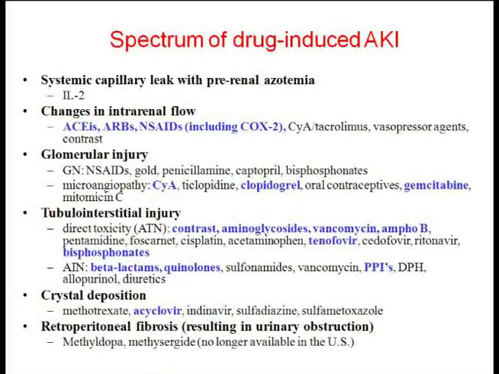Now, I want to show you this slide, not to go over this list. In blue, you see the most common ones, but really what I want to tell you is how broad the relationship is between drugs and acute kidney injury.